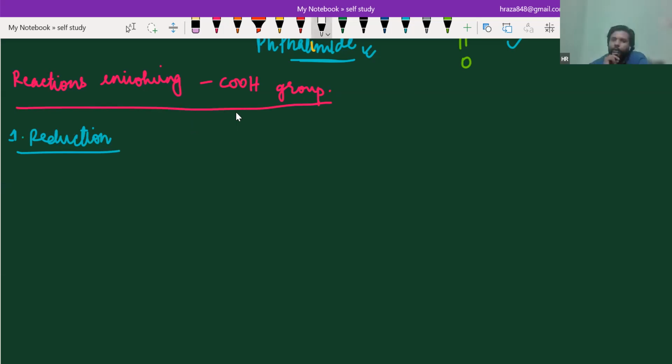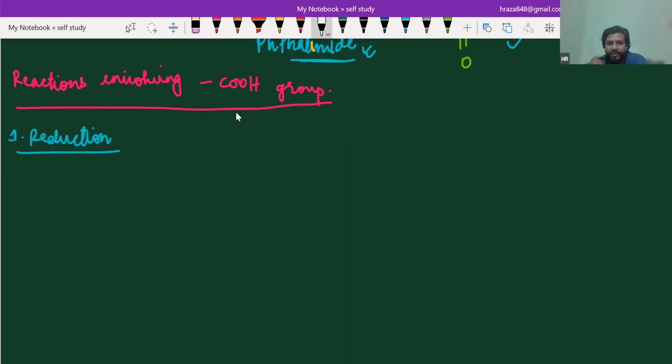You know that if you oxidize alcohol with a mild oxidizing agent, it will be converted into aldehyde, and then again with the mild oxidizing agent, it will be converted into carboxylic acid. But if you use a very strong oxidizing agent on a primary alcohol, it will be directly converted into carboxylic acid. So if you use a very strong reducing agent, then carboxylic acid is directly converted into alcohol.